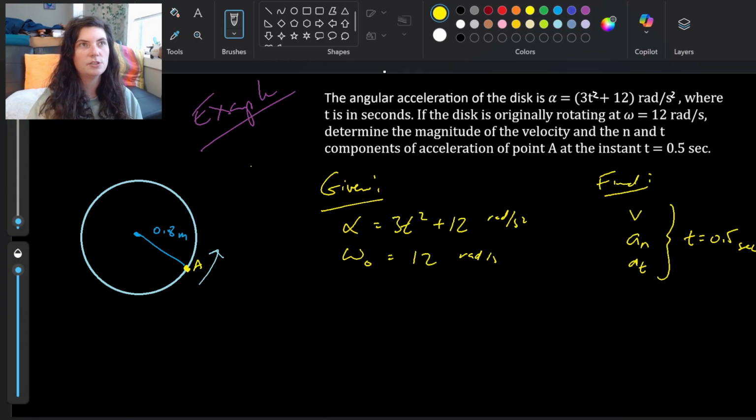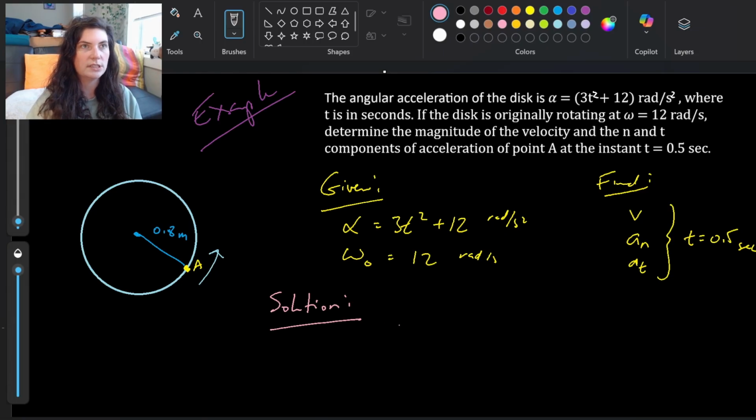We're going to assume that our rotation is just the way that it's indicated, counterclockwise on our disk over here. Let's see what we can piece together to figure out what our velocity and our normal and tangential accelerations are. A good place to start would be writing down some equations that we know can relate these things together.